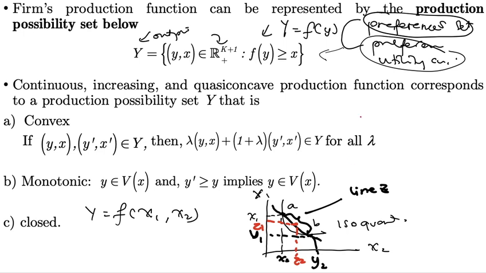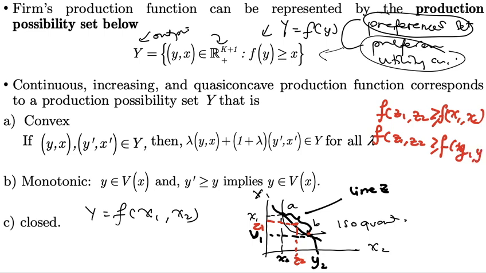So here we can see that f(z1, z2) is preferred or equal to bundle x1, x2. Okay, so this one is also preferred to bundle B. Sorry, I forgot to put f here. So f(z1, z2) is also equal or preferred to, at least it's preferred to, y1, y2 also.